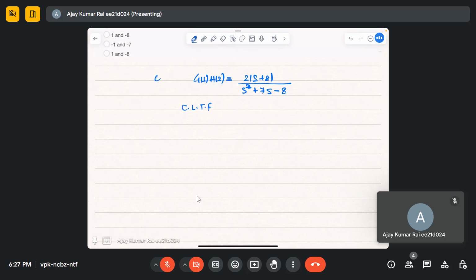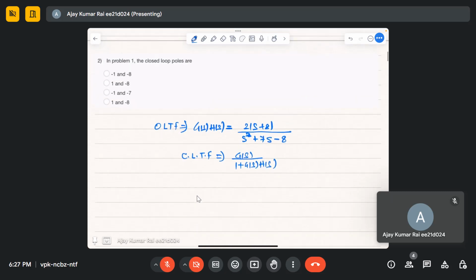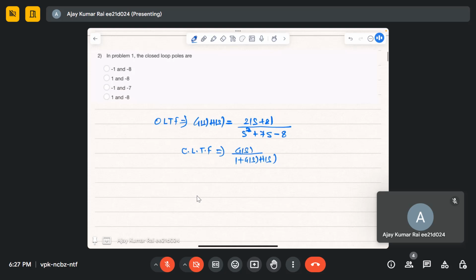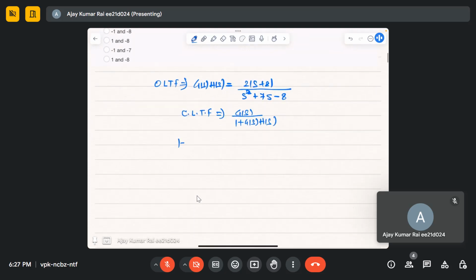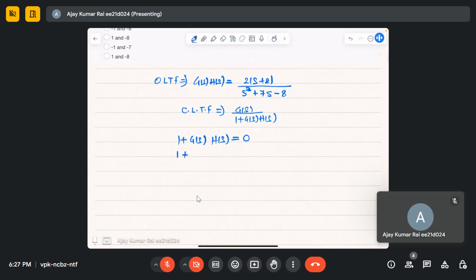This is the open loop transfer function, and this is the closed loop transfer function. But what we want is the closed loop poles. So how to get them? This is the characteristic equation. The roots of the characteristic equation are the closed loop poles. So directly I'm writing it.